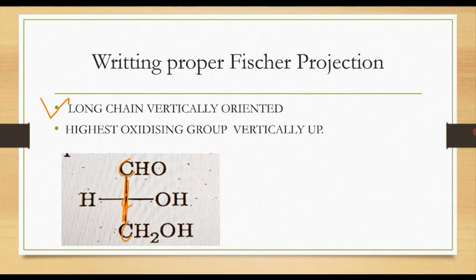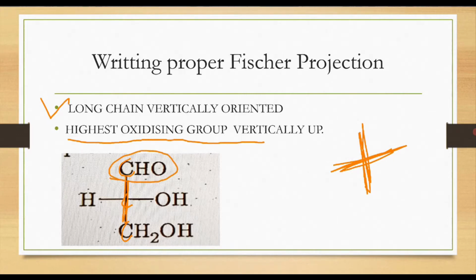So the long carbon chain is vertical, and this is horizontal. And second, the highest oxidizing group goes vertically up. Here the highest oxidizing group is CHO, it is more oxidized than CH2OH, so this should be kept up. So this is the rule for writing a proper Fischer projection.